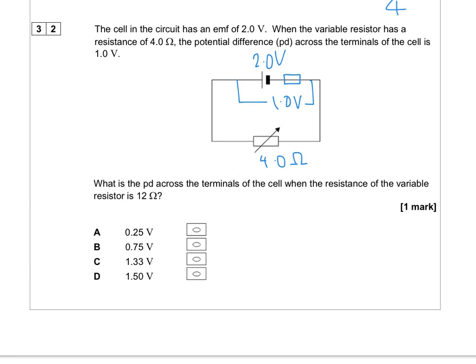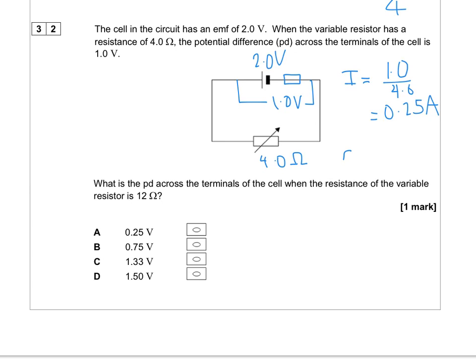So the first thing to do is work out what the internal resistance is. So let's first work out what your current in your circuit is. You're supplying 1.0 volts to your circuit, and it's across a 4.0, so it's going to be 0.25 amps.